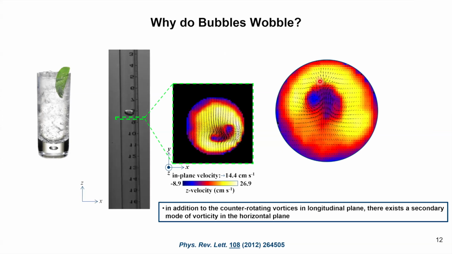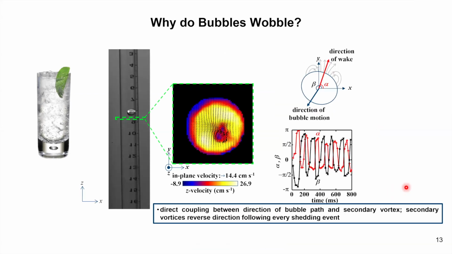Okay. So we can do analysis of that, and we find that the direction of the core wake is seen to be in antiphase to the direction of the bubble secondary motion. So plotted here are the motion and the direction of the wake, and we see those are in antiphase to each other, with the secondary vortices reversing direction for every wake shedding event.